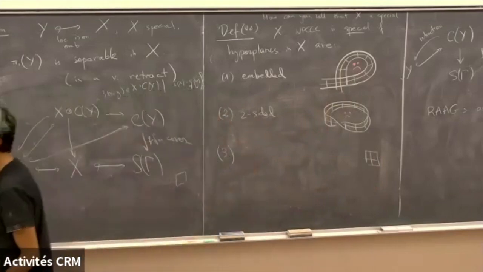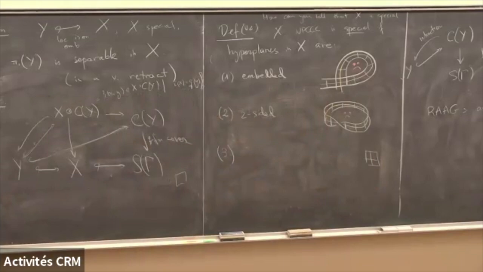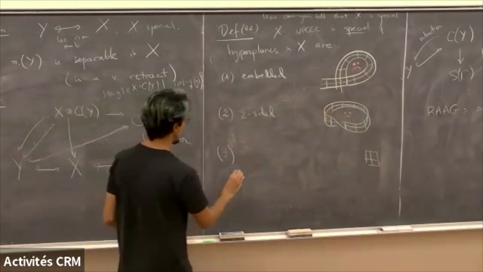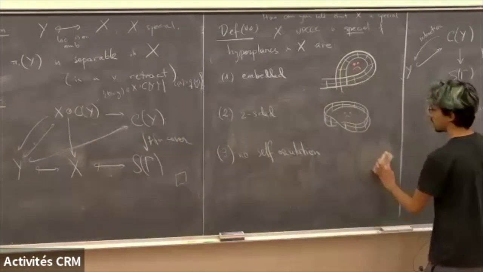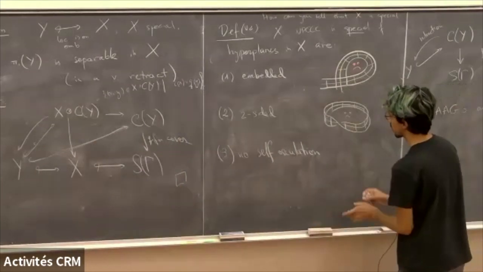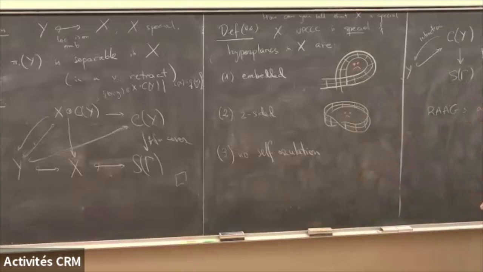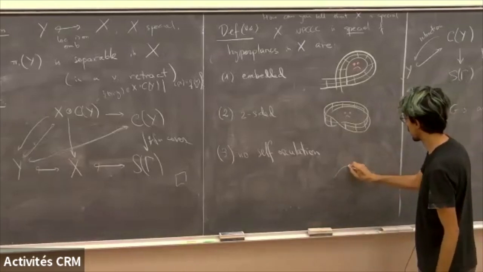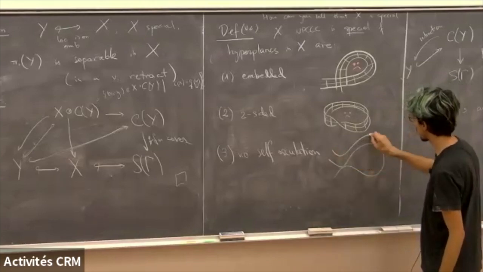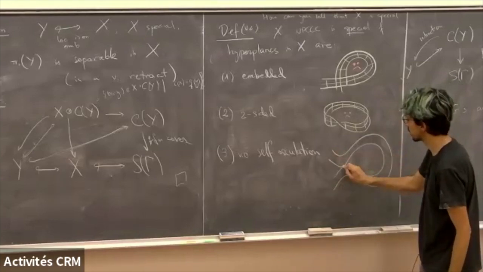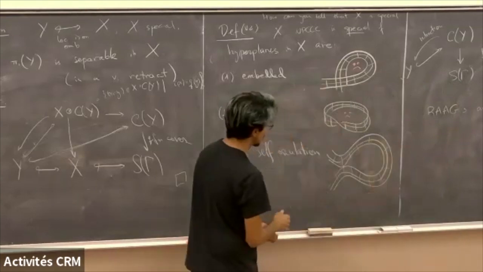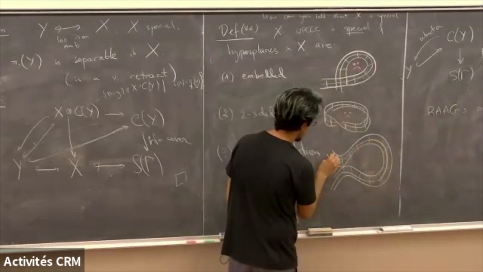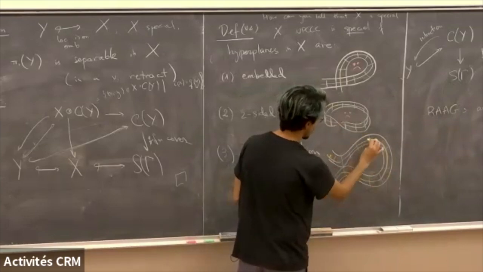The next one is that I don't want self-osculation. What's the picture here? I don't want the hyperplanes to go back and touch themselves. Remember that the hyperplanes are now embedded and two-sided. So when I draw a hyperplane, it is two-sided, but I can follow a side.